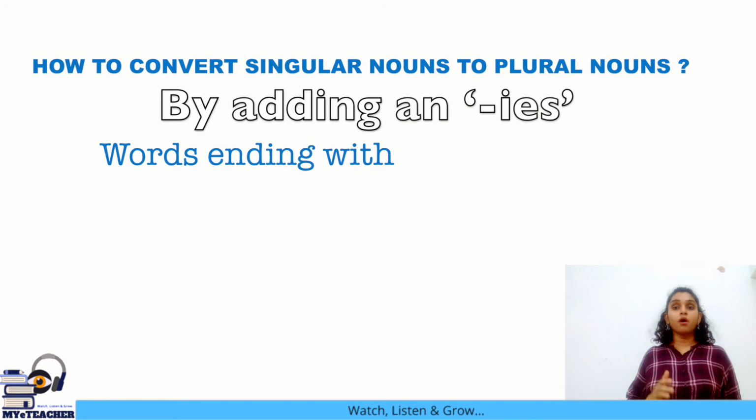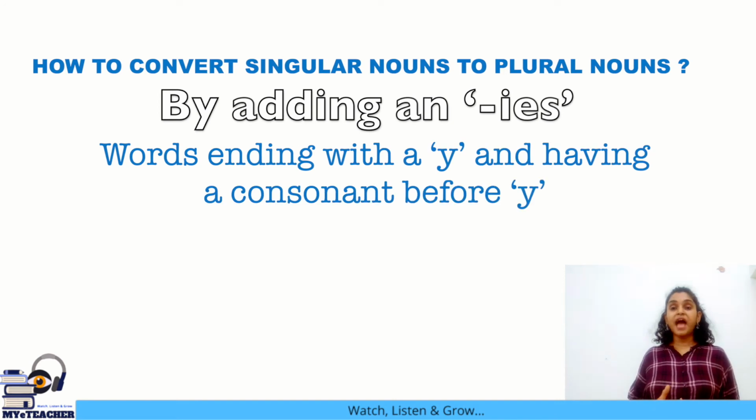Next come the words which end in the alphabet Y, where the second last alphabet is a consonant. For example, story. How do we form the plural? We remove the Y from the end. Instead of the Y, we add I and then add an ES.